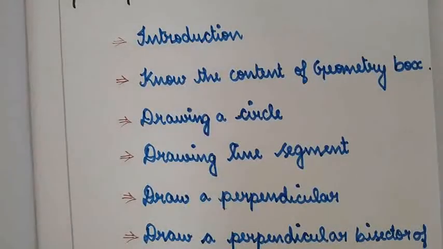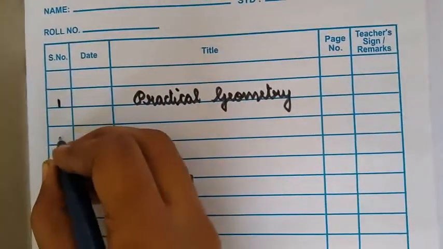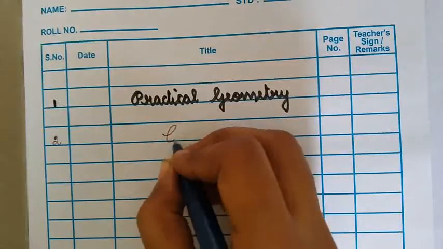After completing the subtitle, you have to take a new page. Put the margin in your index page. Put serial number 2, circle.